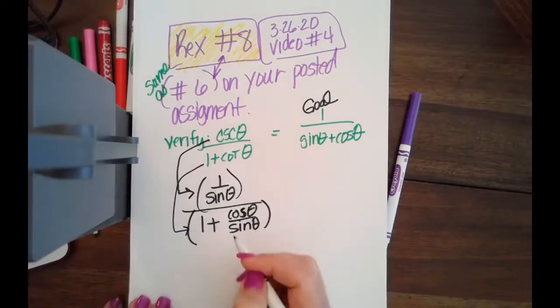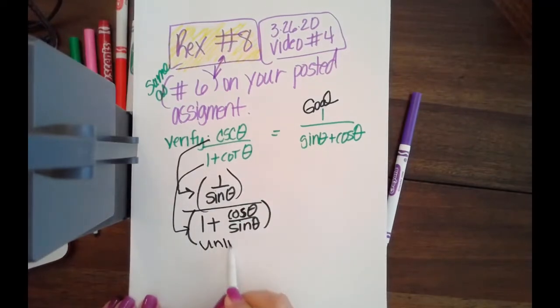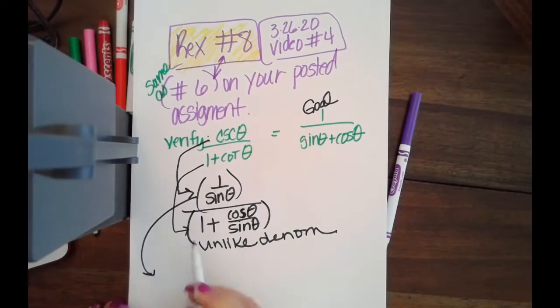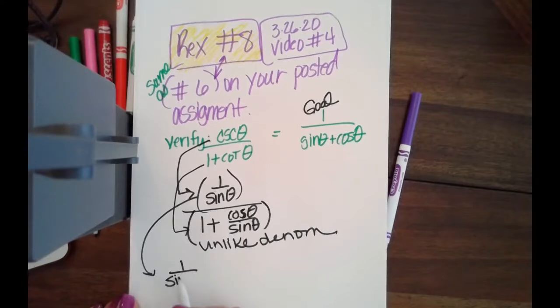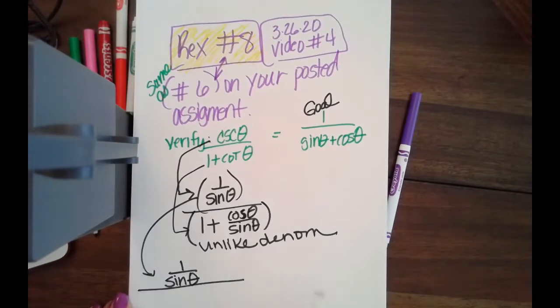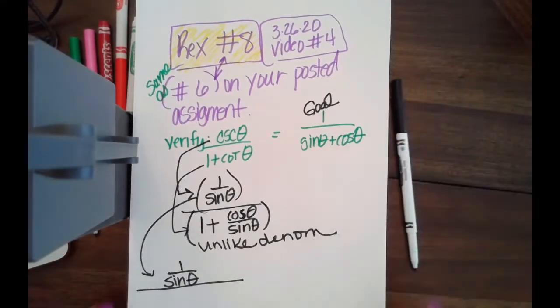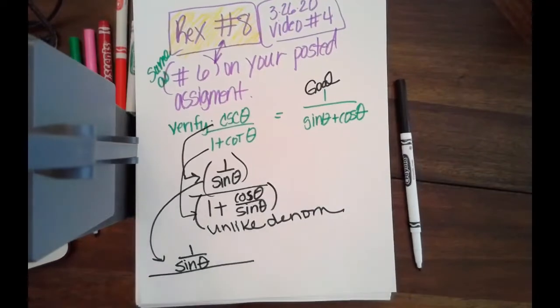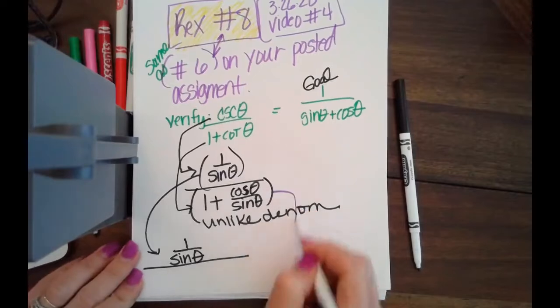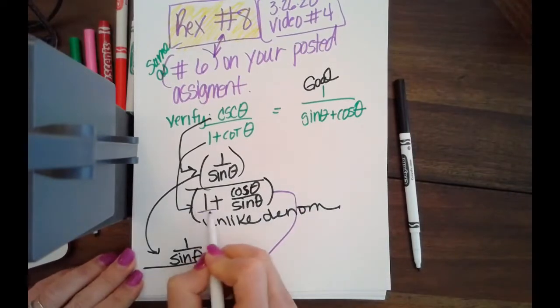Okay, so what we have here is unlike fractions, and I showed you at the very beginning how we're going to handle that. So upstairs we have 1 over sine of theta. We're going to leave him alone for a moment. Downstairs we are going to create our combined fraction. Remember, we're going to multiply, that's like 1 over 1.